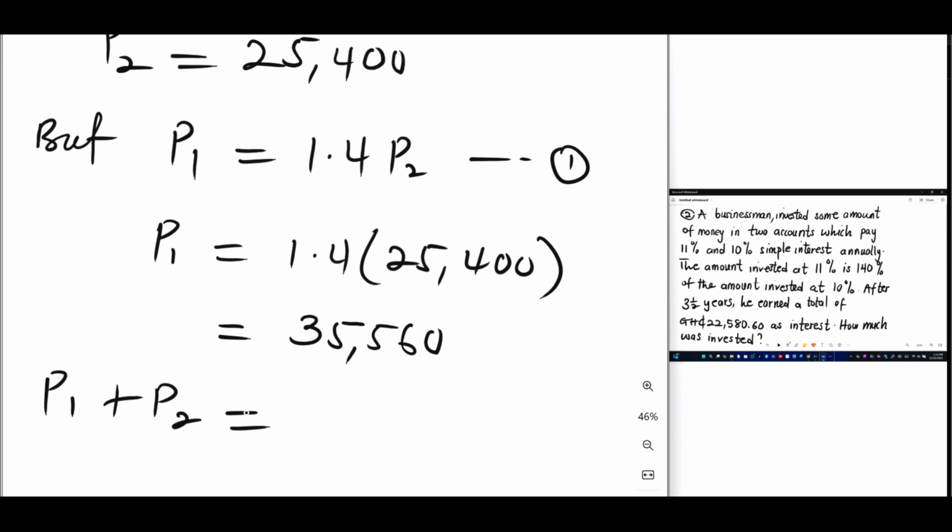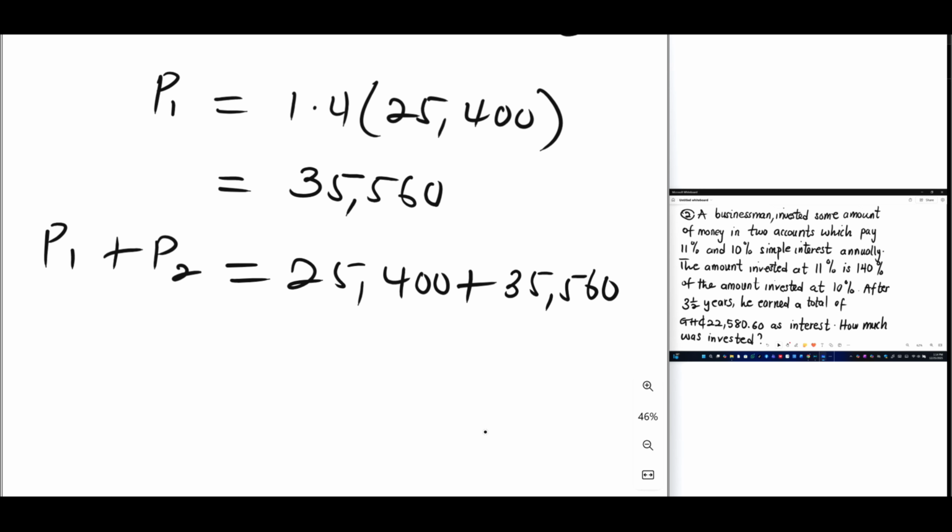So for you to determine the total amount invested, it is going to be P1 plus P2. So we add 25,400 plus 35,560 Ghana cedis. At the end, we are getting the answer to be 60,960.